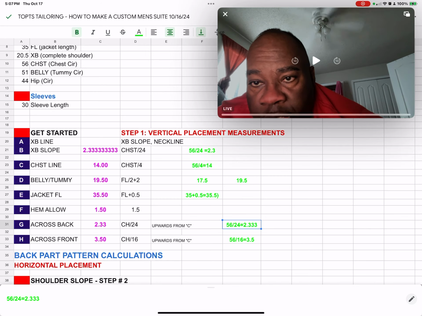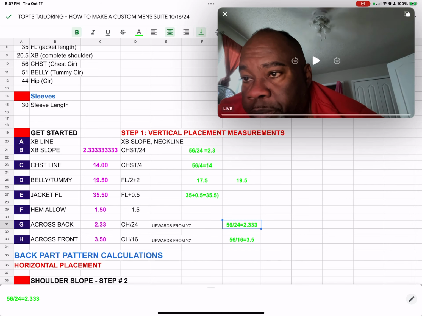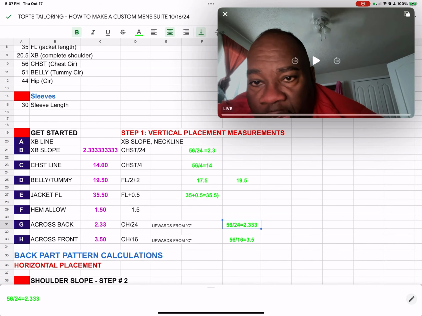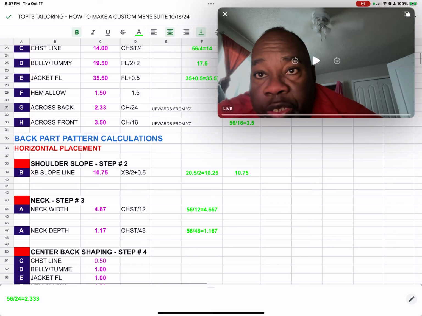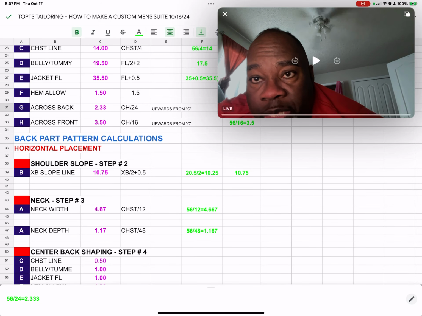The across the front is the chest divided by 16, which in this case is 3.5. As far as the slope is concerned, it's XB, which is 20.5 for the shoulder, divided by 2, plus half an inch. So it ends up being 10.25 plus half an inch, which is 10.75.